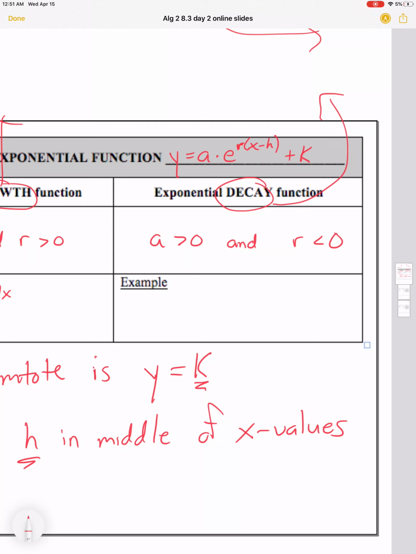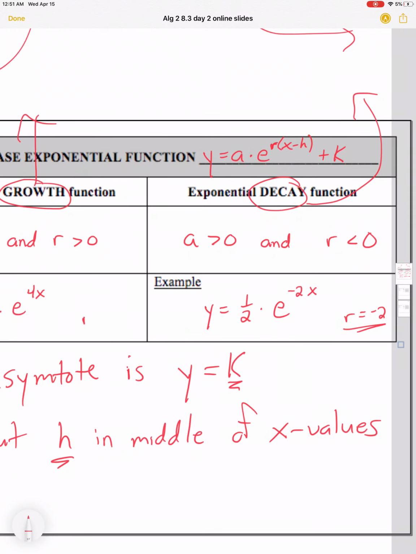So this example would be like, so on this one, r equals -2. So that will be decay. Remember in the first one we had r was equal to 4. So growth is when r is positive, decay is when r is negative.